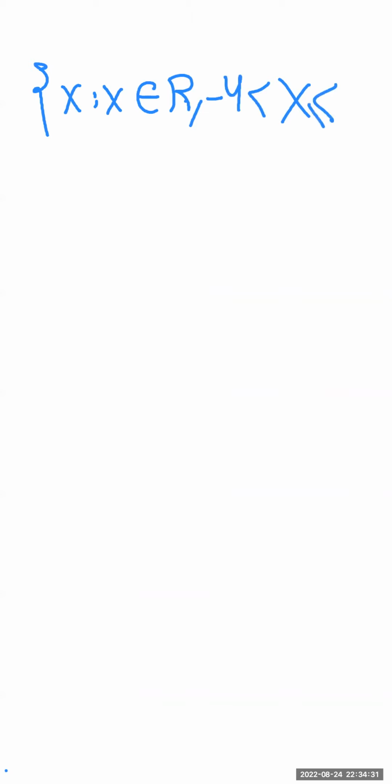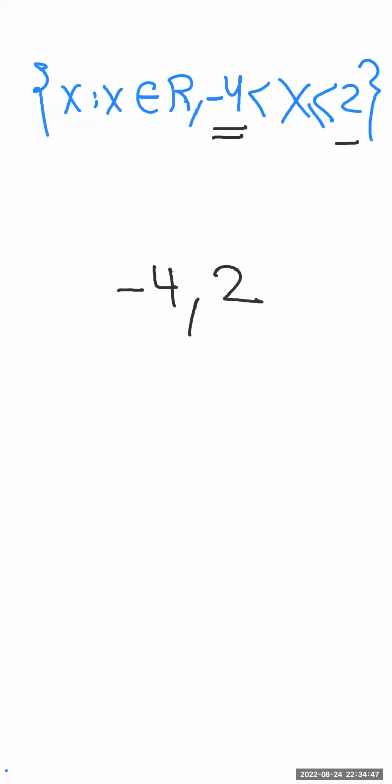The set x where x belongs to real numbers and x greater than -4 and smaller than or equal to 2. So now -4 and 2, which one is the smaller? -4. Do we have equality on the side of -4?